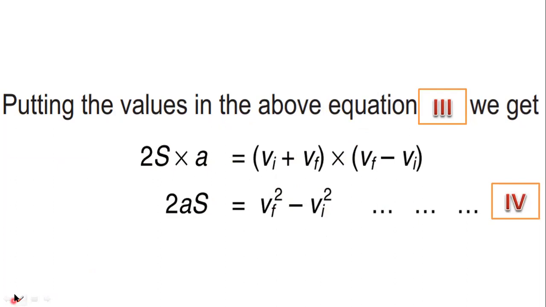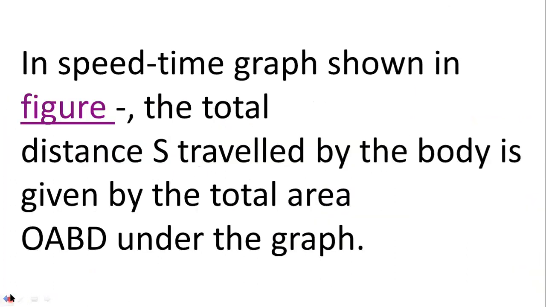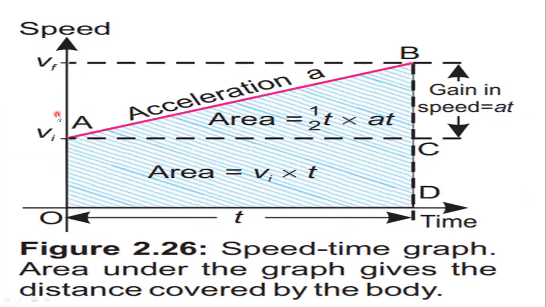So let's see how we are getting this. Once again, I'm going back to the figure because the figure is very important. Look at this. Here we are getting the area of this whole region, BC and AB. OD is just like that, and this is the height BC, that is the difference.